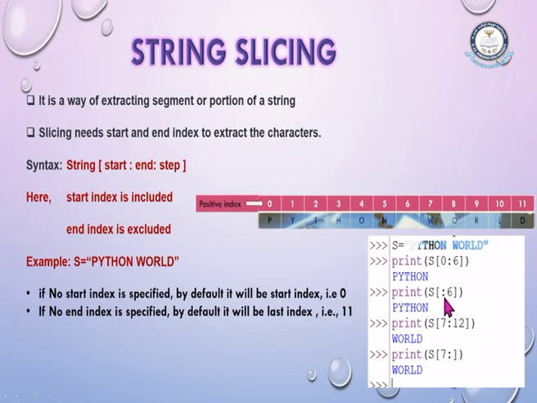That means you are going to get all the characters from the start index by default to 6 minus 1 index. 6 minus 1 is nothing but the 5th index, since the end index is always excluded. So from the 0th index to the 5th index we are going to get those characters. Even though we have skipped the start index, by default it has taken 0 as the start index. That means whenever the start index is not mentioned, by default it will take 0 as the start index.